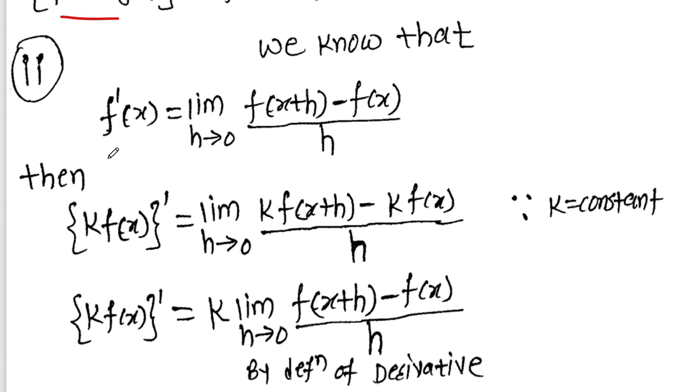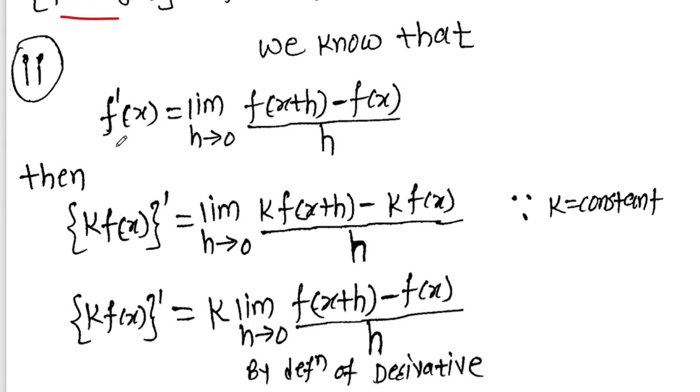Because f is a differentiable function on an interval I, by the definition of the derivative, f'(x) equals limit h tends to 0, (f(x+h) − f(x))/h, because we are given that f is a differentiable function on interval I.